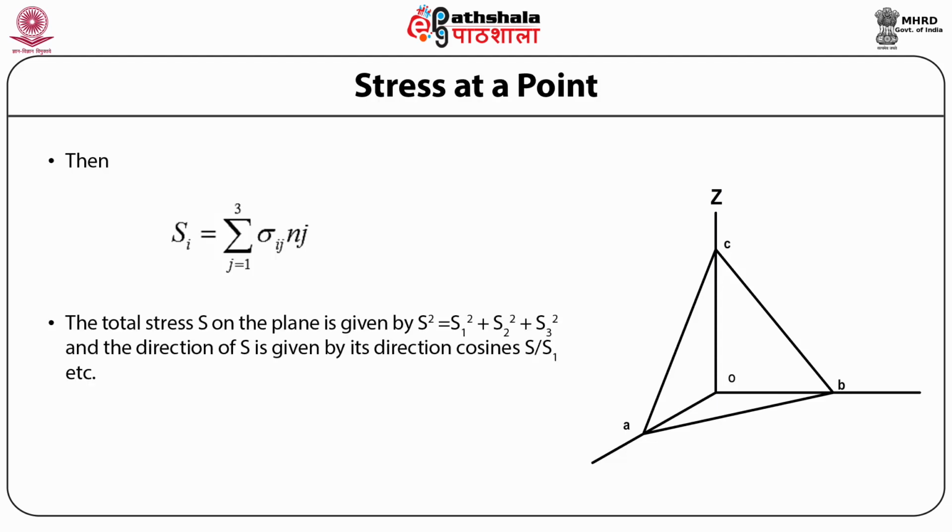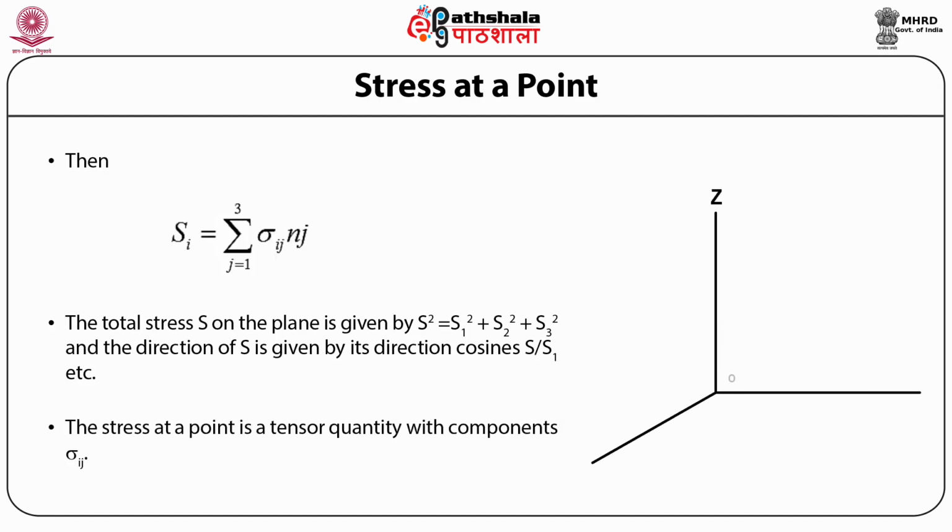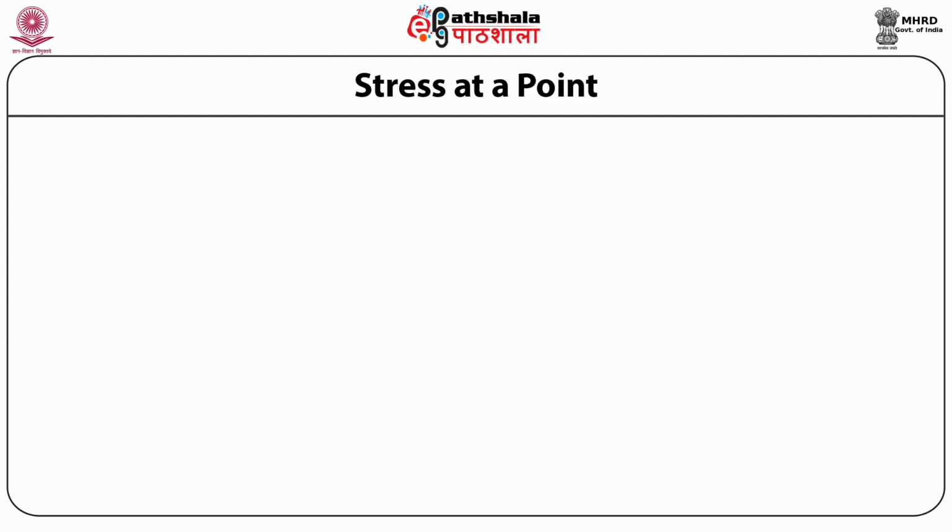The total stress S on the plane is given by S squared equals S1 squared plus S2 squared plus S3 squared, and the direction of S is given by its direction cosines S1 by S, etc. So it turns out that the stress at a point is a tensor quantity with the components sigma ij.